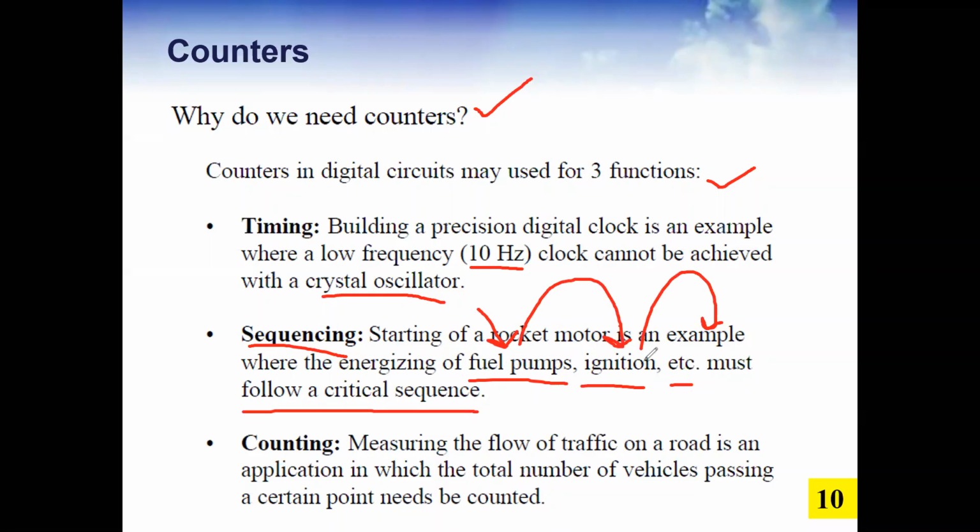When that is clear, we initiate the ignition, then move to the next. It happens in the digital clock also. The very first is seconds. Once seconds reach the maximum value, it triggers the increment of the minutes. Once minutes reach the maximum value, which is 59, it increments the hours. So this is where we use sequencing.